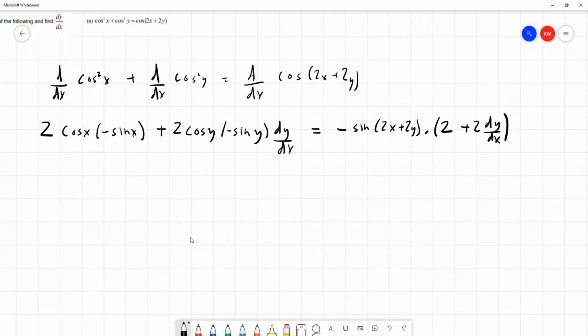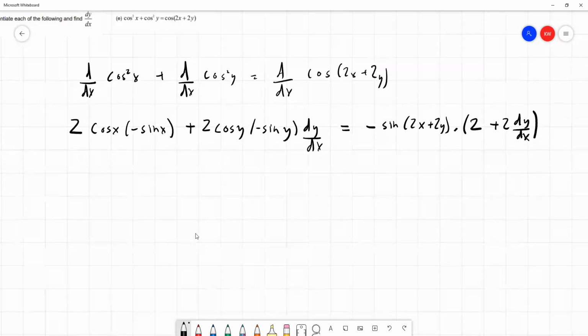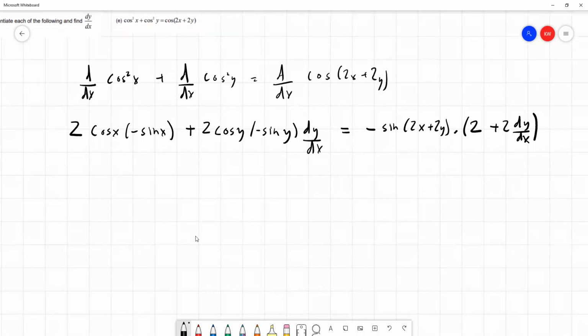So we now have taken derivatives of all of our terms, and we have some terms with dy by dx multiplied by them, and some without. So what we're going to do is start multiplying out and tidying things up, and we want to end up with all of our dy by dx terms on one side. We'll make that the left-hand side, and all of our non-dy by dx terms on the right.